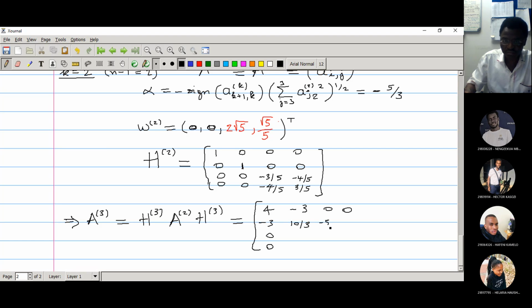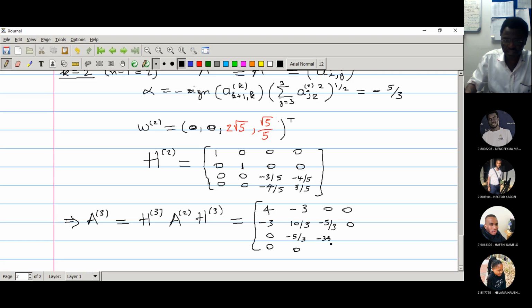And now here we have -5, 3. We have 0 and -5, 3 here. 0. Because of symmetry, you have to get that information to make sure that your results are not wrong.